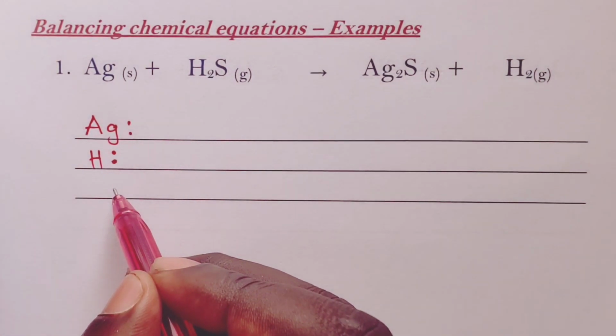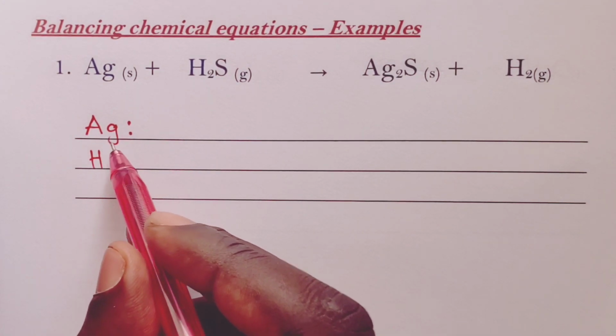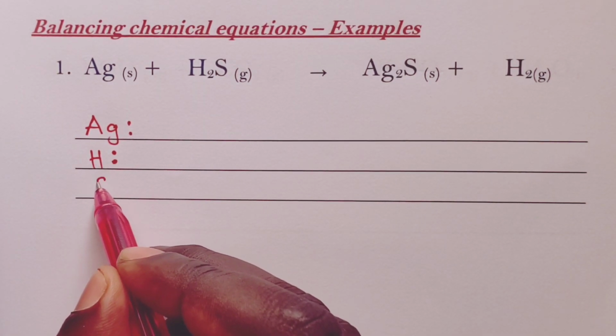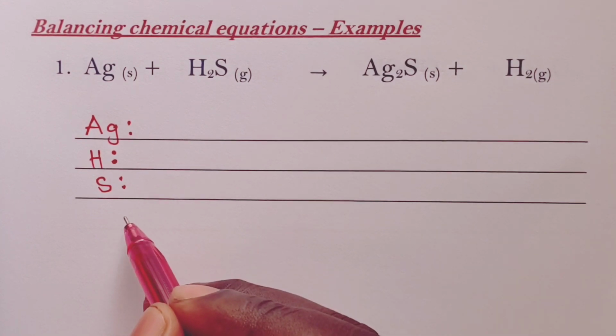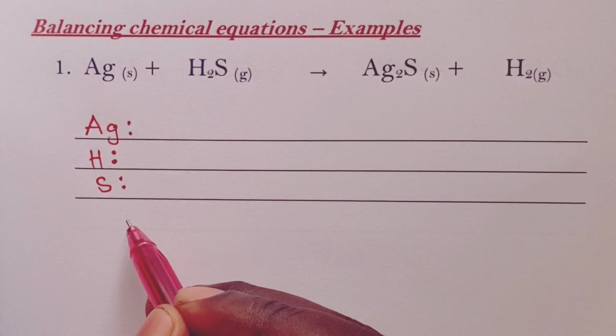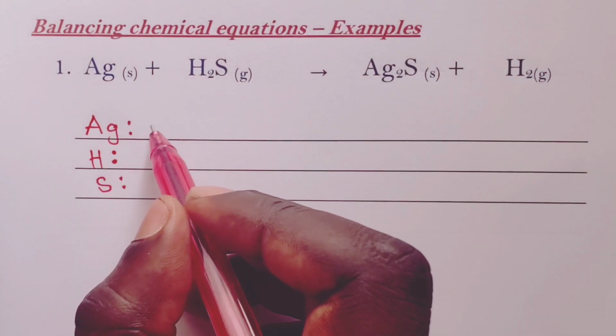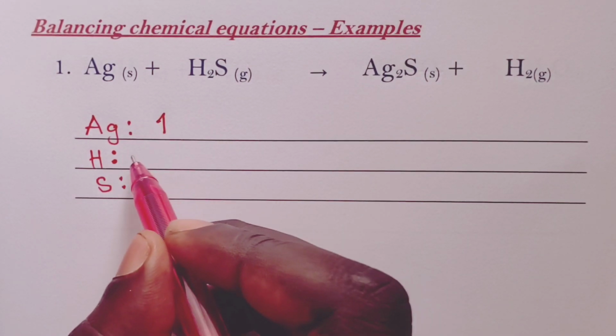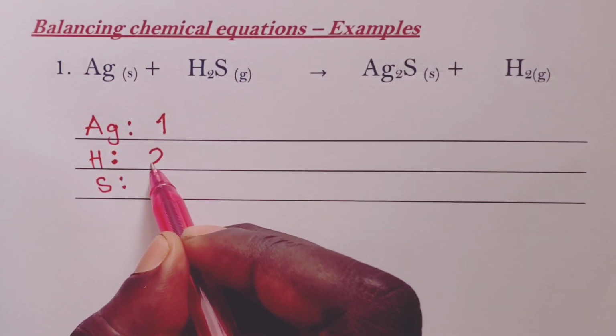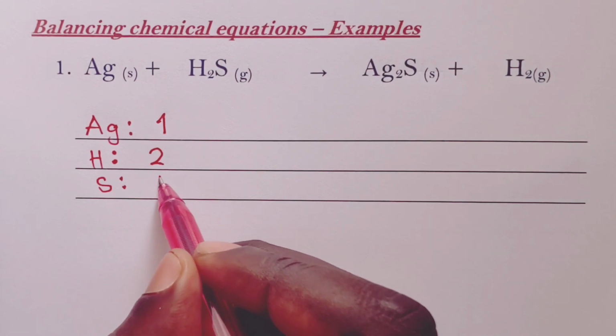Let's begin with the reactant side. So we have silver, hydrogen and sulfur. Having learned how to count the number of atoms of each kind, let's go ahead and do so. This side, silver is only 1, hydrogens are 2, sulfur is 1.